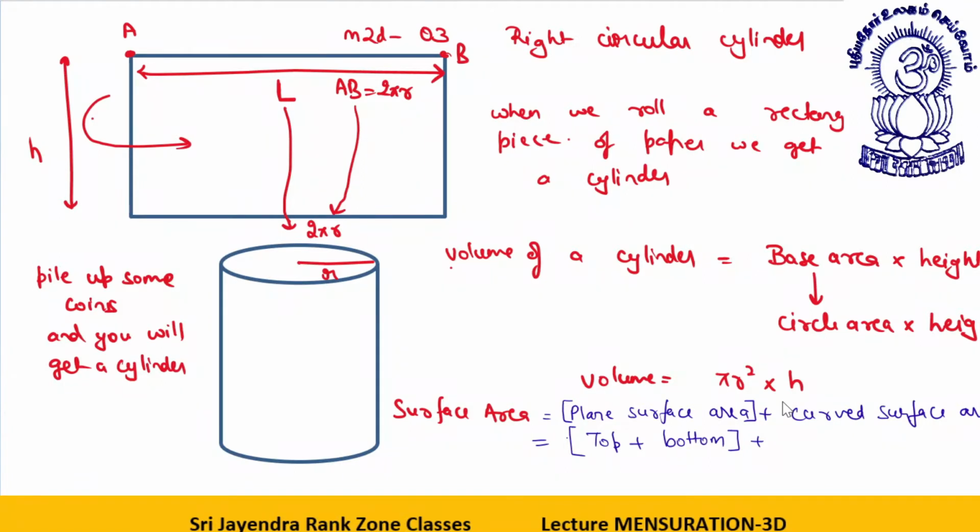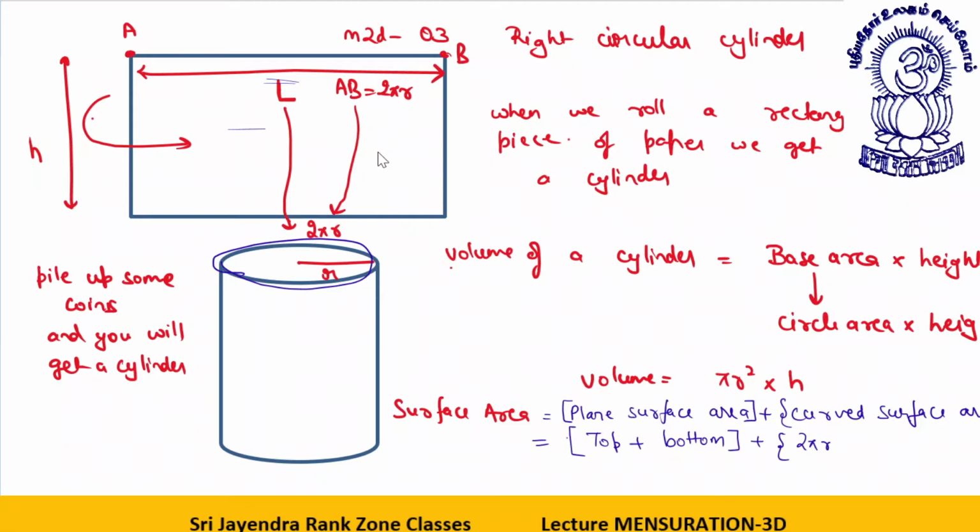What will be the curved surface area? You know the length of this edge is 2 pi r. What is area? Length into height. This full area is actually the curved surface area of a cylinder. This is the area which you can touch. So what is the top area? The top area is pi r square. The bottom area is pi r square.